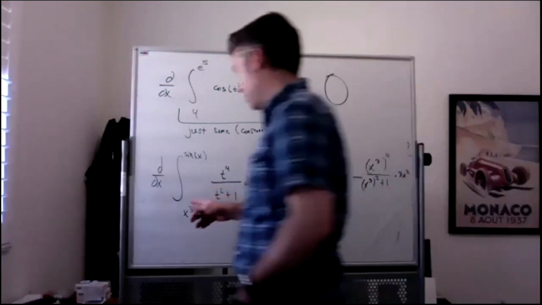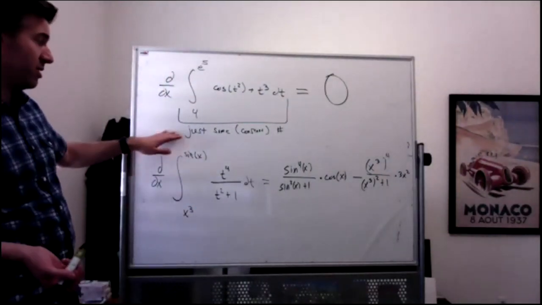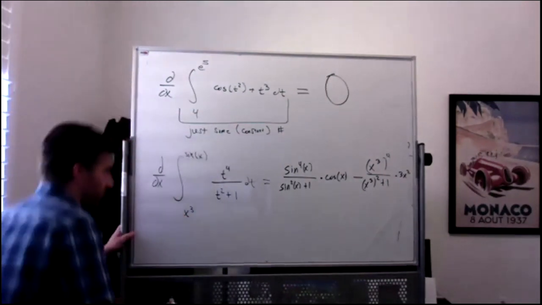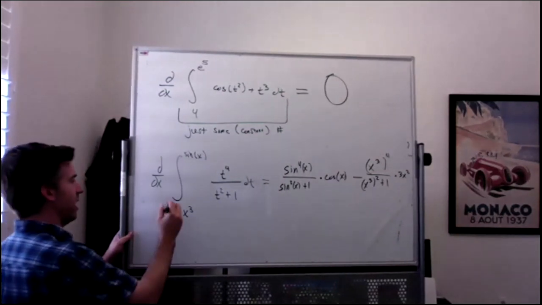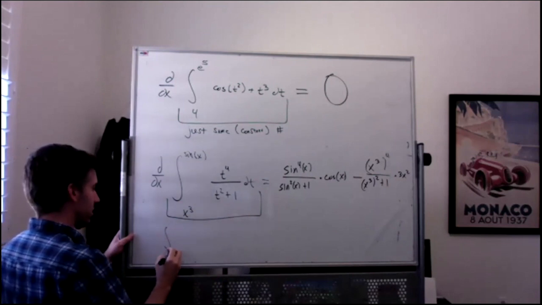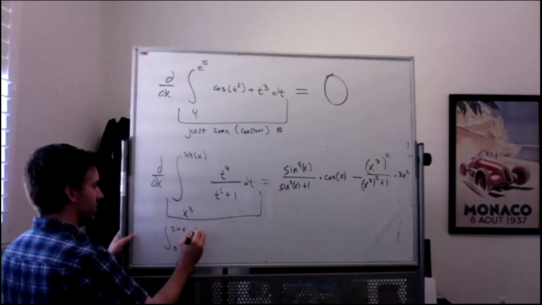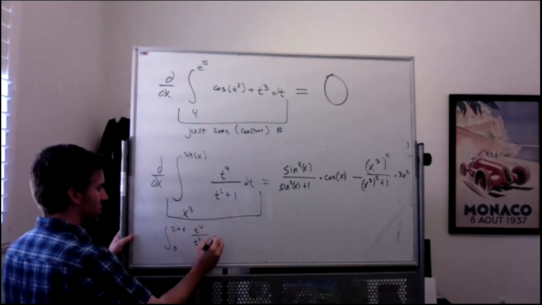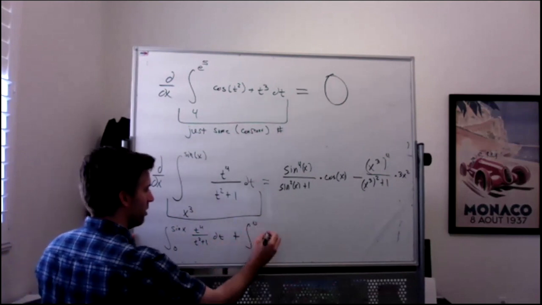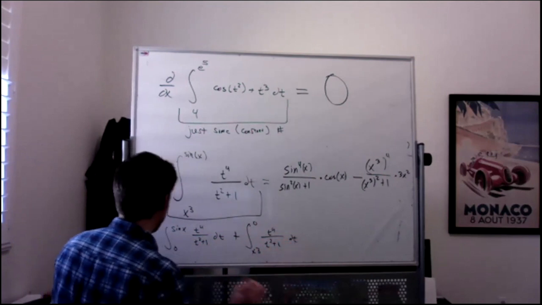So when you have variables in your lower and upper limit, you basically just do the rule twice. You do it for the top one, and then you subtract, you do it for the bottom one. And if you want to know why, you can think of writing this integral as the integral from 0 to sine of x of t to the fourth over t squared plus 1 dt, plus the integral from x cubed to 0 of t to the fourth over t squared plus 1 dt.